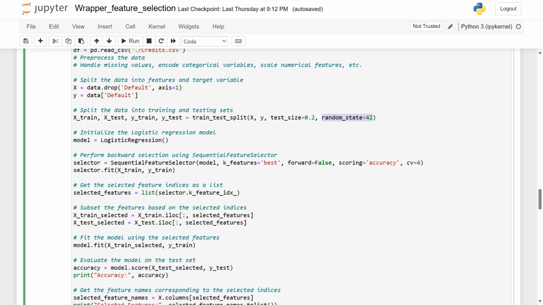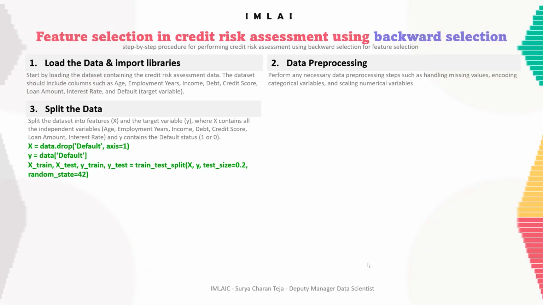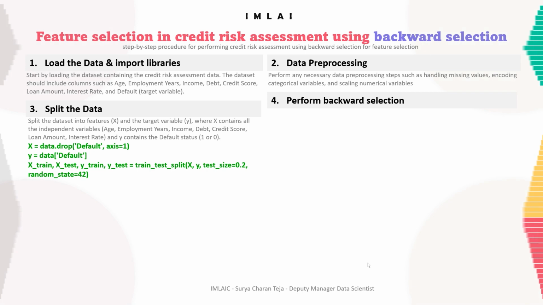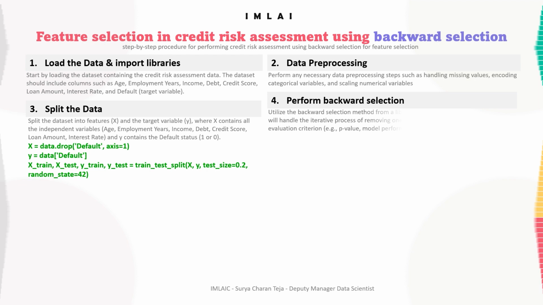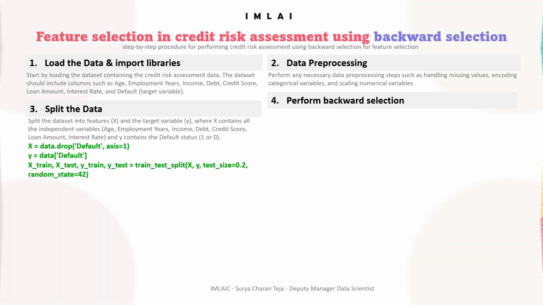Now let's move on to the very important step, step 4, perform backward selection. It's all done, all set. It's time to perform backward selection. So utilize the backward selection method from a library to perform feature selection. The library will handle the iterative process of removing one feature at a time, based on a chosen evaluation criterion. That criterion could be p-value or model performance, or anything else.